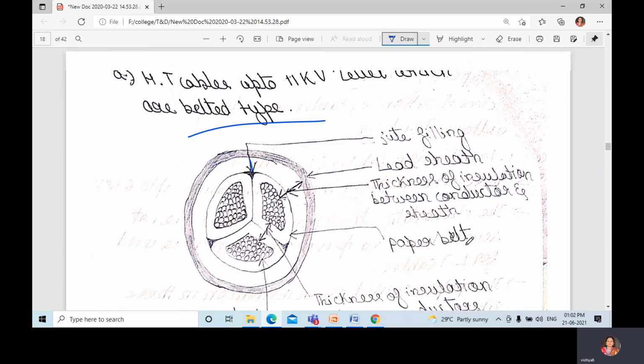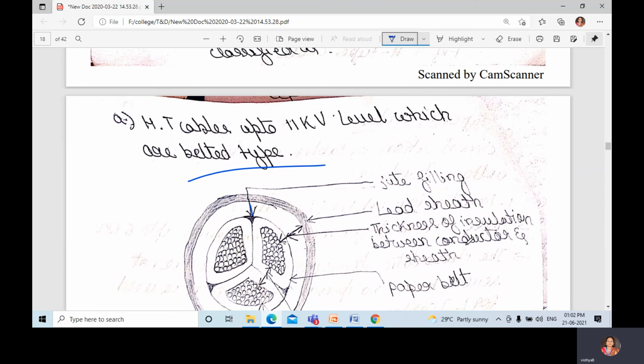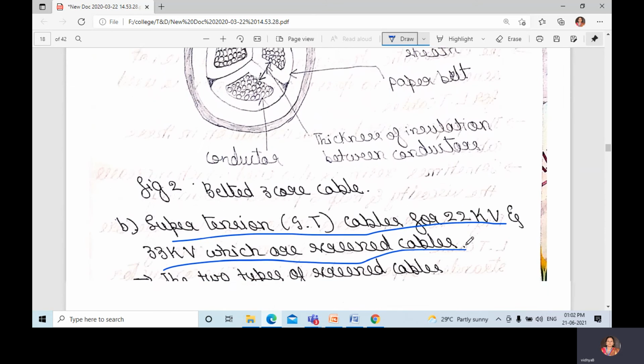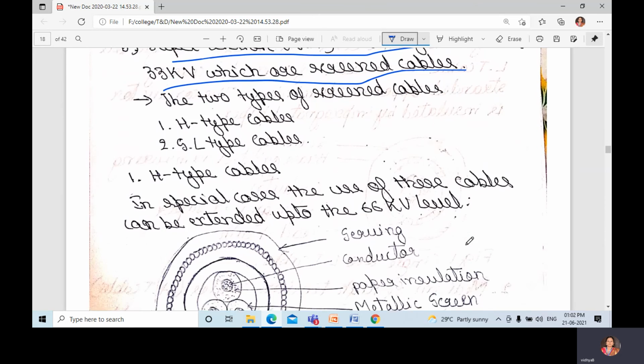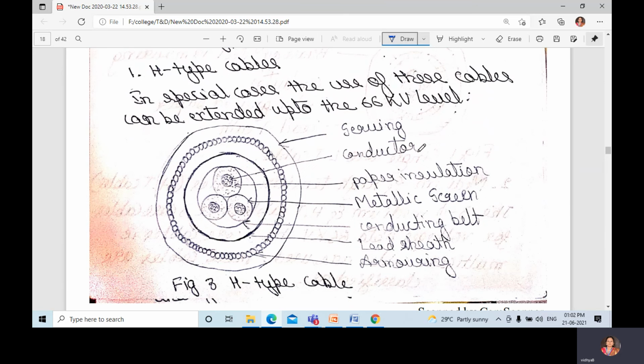Once again I repeat, for medium, that is up to 11 kV, belted type, and for 22-33 kV, H type and SL type. For H type, the special case, the use of these cables can be extended up to 66 kV level. First is the serving, and you can observe here the conductor, stranded conductors and conducting belt.